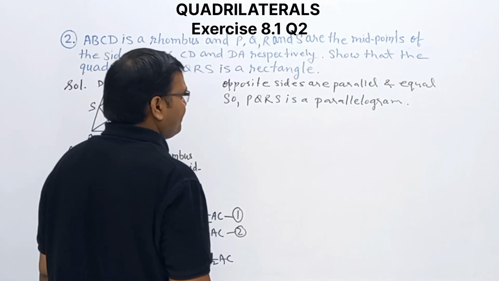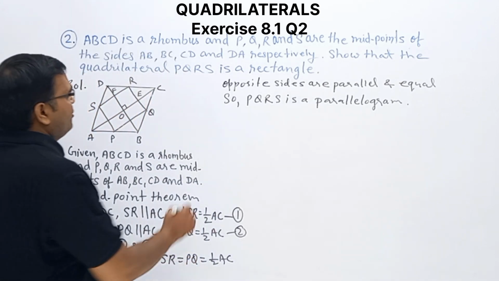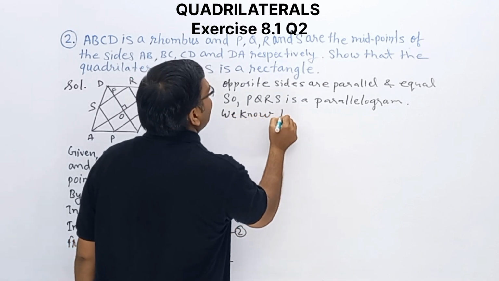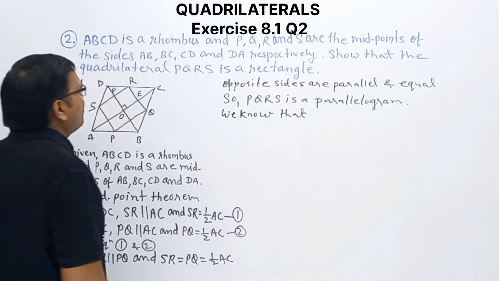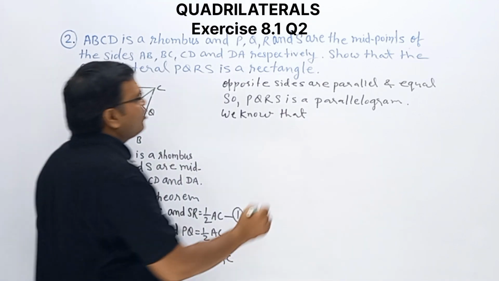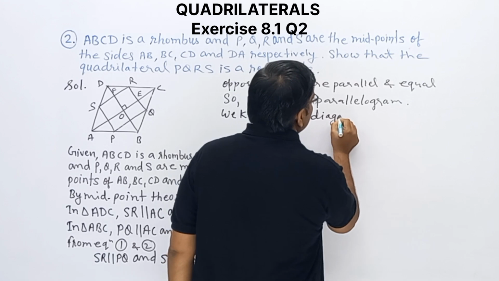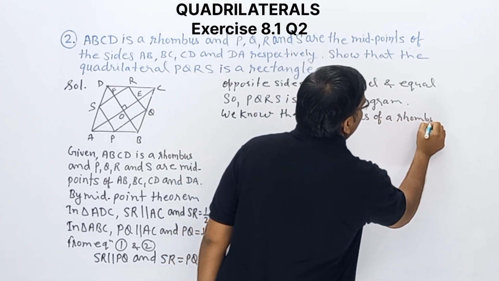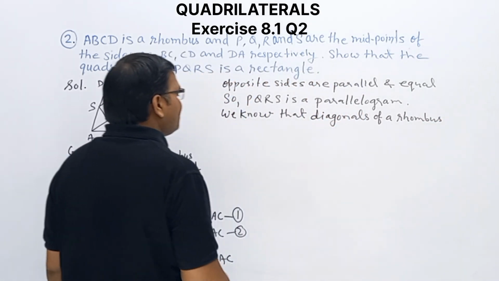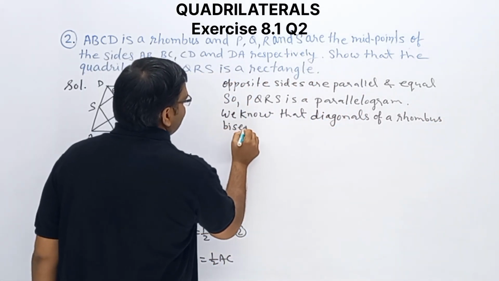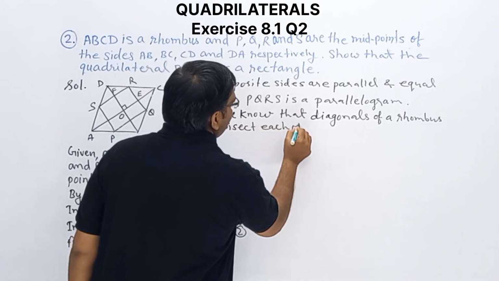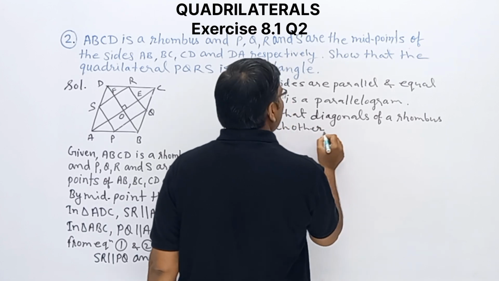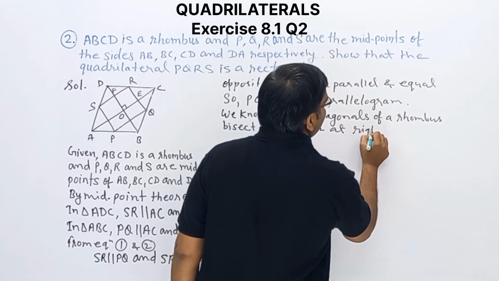We know that the diagonals of a rhombus bisect each other at 90 degrees, at right angle.